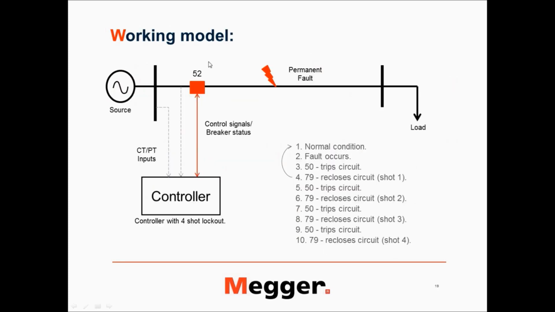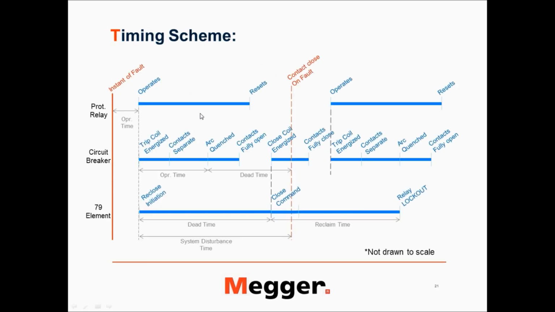for our understanding purposes, it is closing on a fault, which means when the circuit breaker closes, the fault still remains, and the source is supplying this fault and the associated loads, whatever load connected to that source. So it is closing on to a fault. And what is going to happen is the protection relay or any other protection function inside that controller again kicks in, and it takes its own operation time to operate.